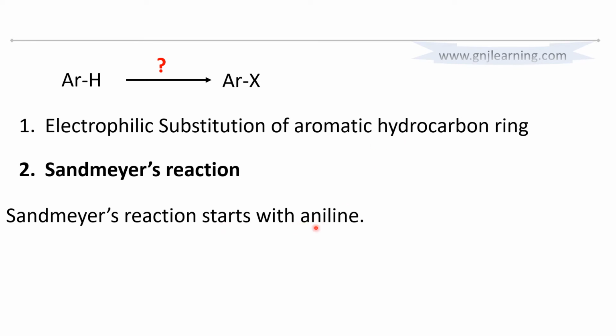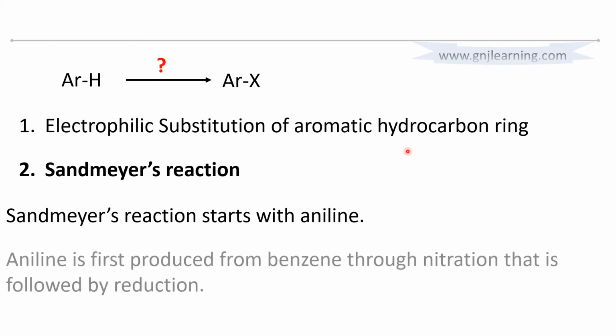You know the structure of aniline, you might have learned it, but it is not an aromatic hydrocarbon. So if you want to categorize Sandmeyer's reaction under aromatic hydrocarbons, I should first know this method. Aniline is first produced from benzene. So first I have to learn how aniline is produced from benzene.